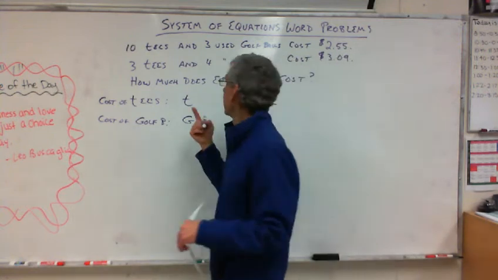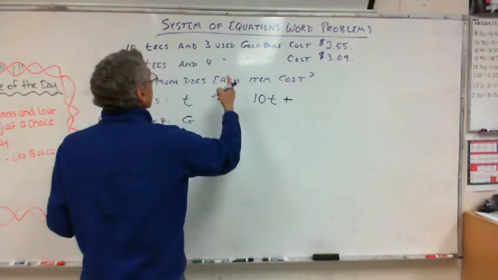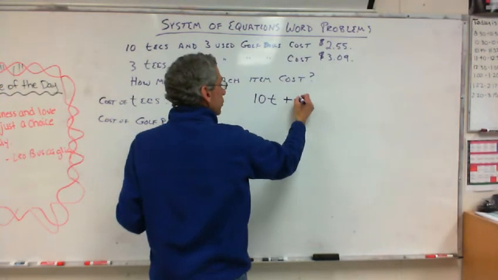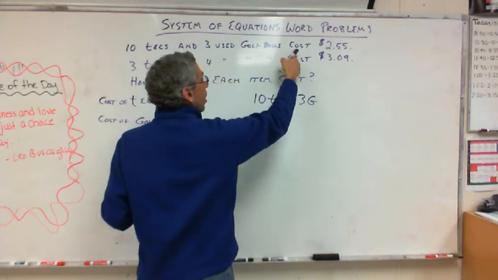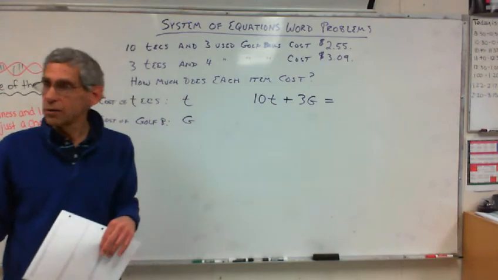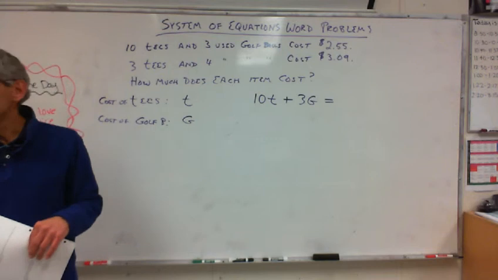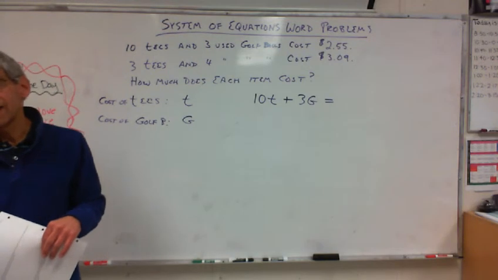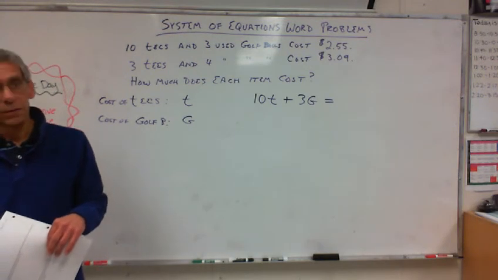Plus 3 golf balls, 3G. Cost, that means equals $2.55.